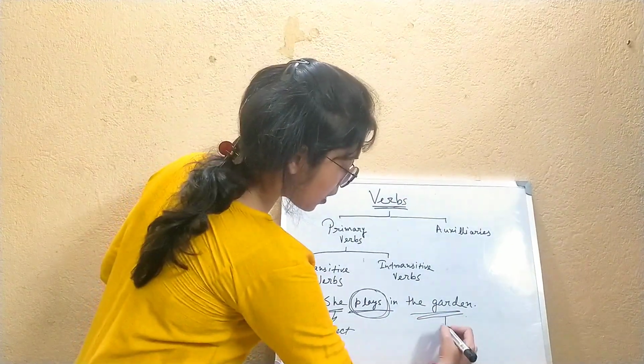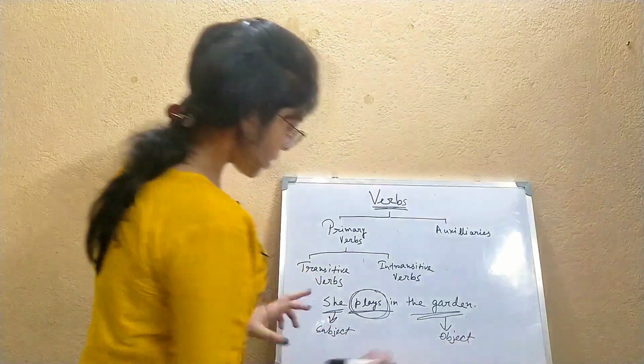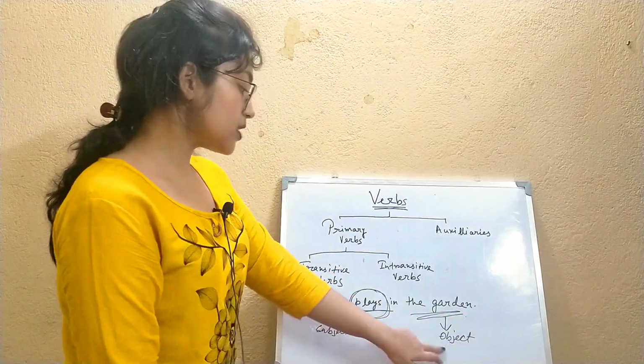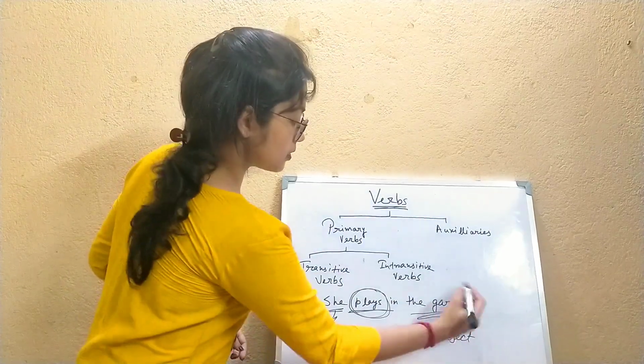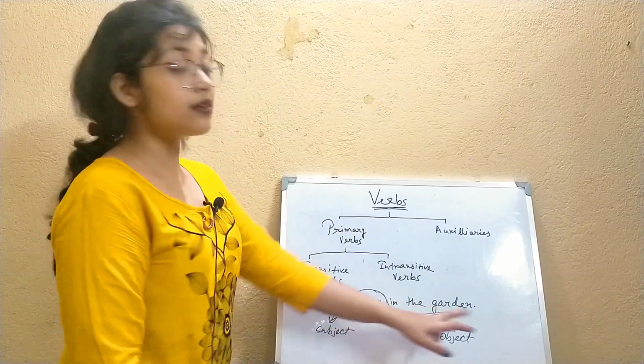So this is our object, right? She is our subject and the garden is our object, because as the answer we are getting the garden. Where does she play? She plays in the garden.